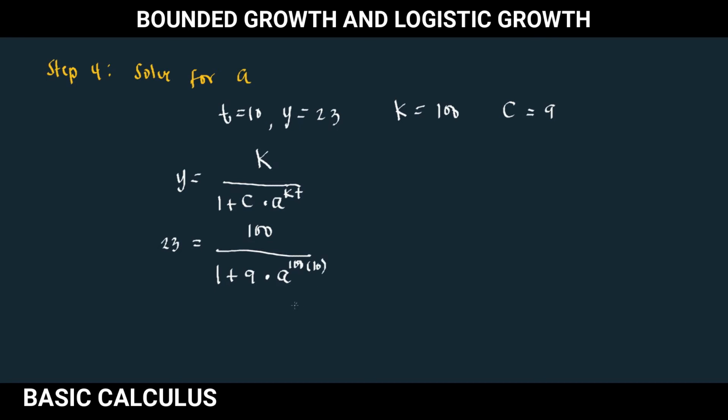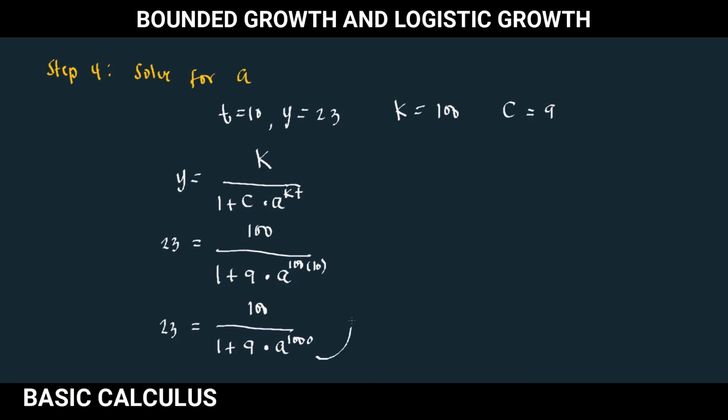Okay, so that's it. And then let's simplify this one. So we have here 23 is equal to 100 over 1 plus 9 times A raised to 1000. Okay, so A raised to 1000.